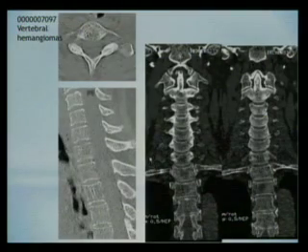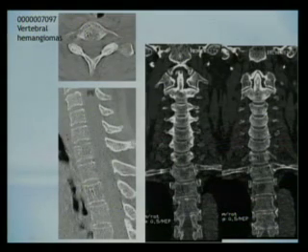Vertebral hemangiomas, what happens is that the marrow decreases, and therefore whatever bony struts were available became thicker. There were fewer, but they became thicker. And that's why you get this appearance.